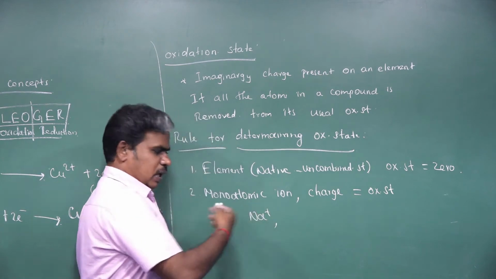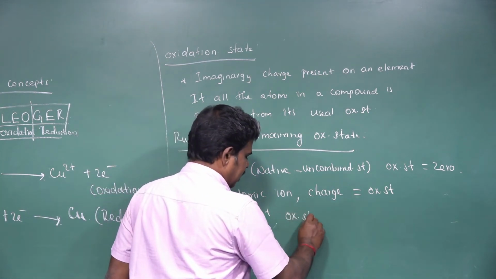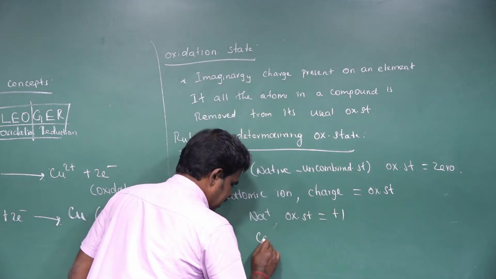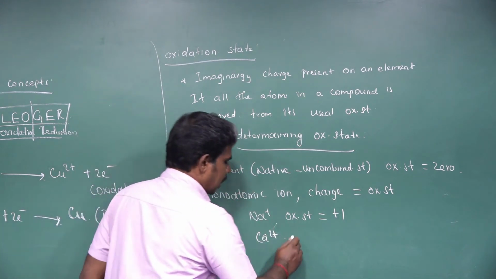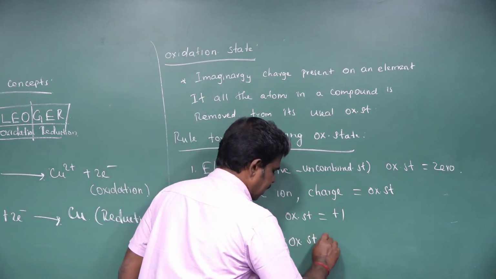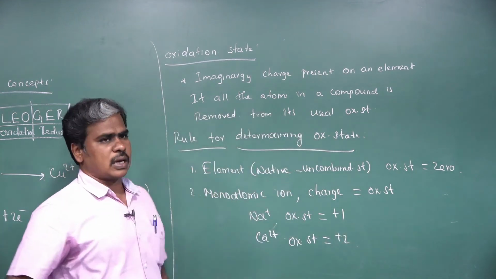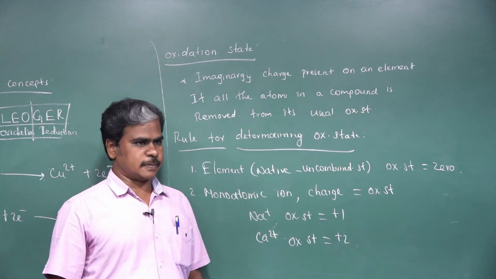It is a monoatomic ion. What is the oxidation state? The oxidation state is equal to +1. And if you take Ca2+, it is a monoatomic ion, so the oxidation state is equal to +2. So for a monoatomic ion, the net charge is equal to the oxidation state.